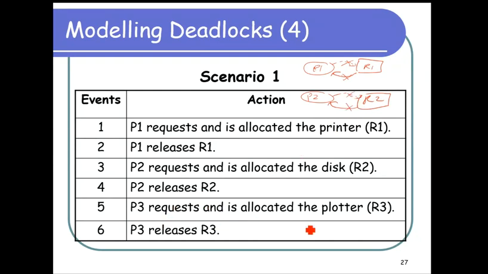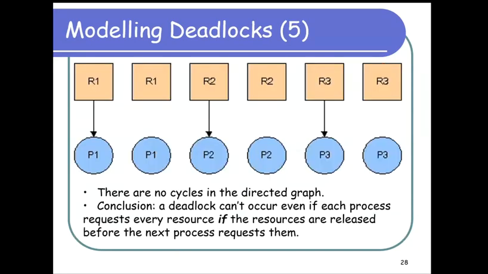P3 requests and is allocated the plotter R3. Request, allocated, finish, so it is free. This is scenario 1. There are no cycles in the directed graph.